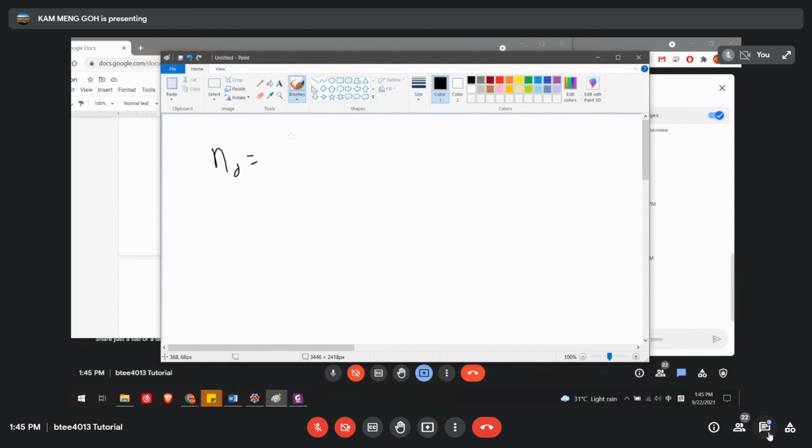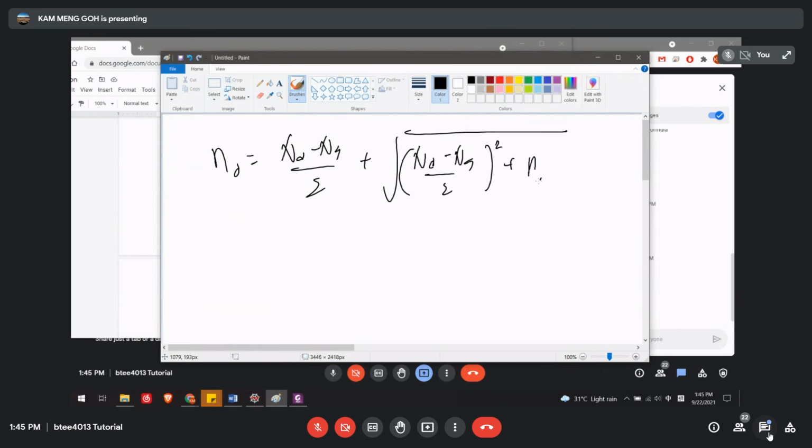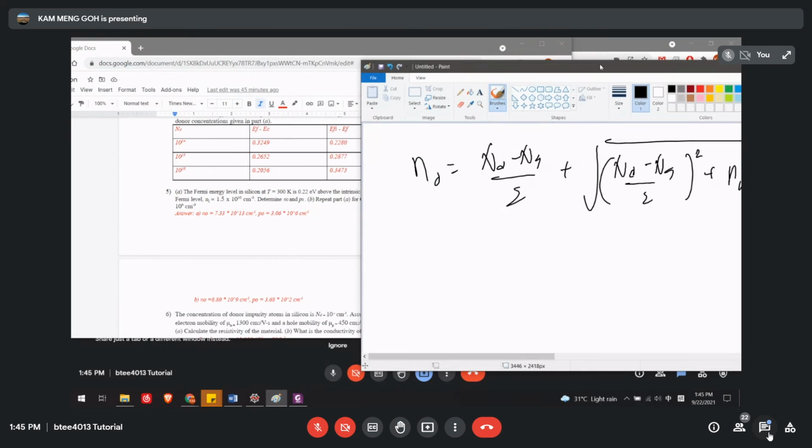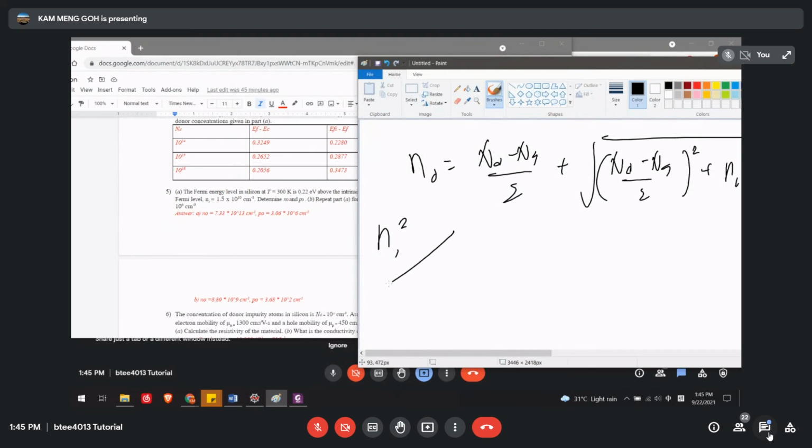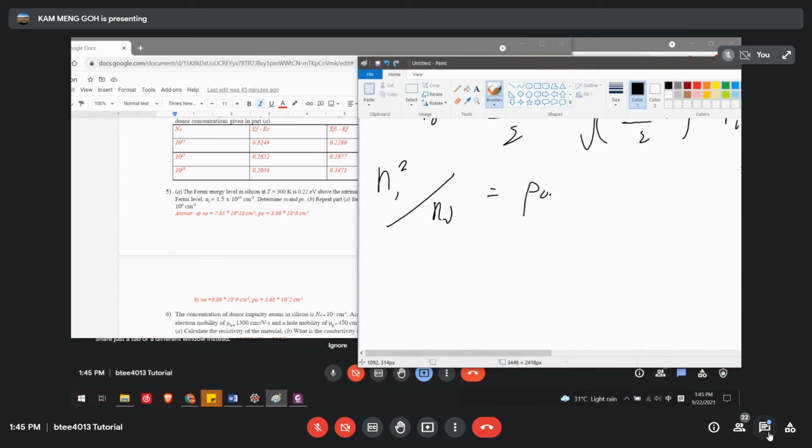NO will be equal to (ND minus NA) divided by 2 plus the square root of ((ND minus NA) divided by 2) square plus NI square. And then we use NI square divided by NO to get PO. And then mu n N plus mu p P will be equal to the conductivity. Resistivity will be equal to 1 over conductivity.